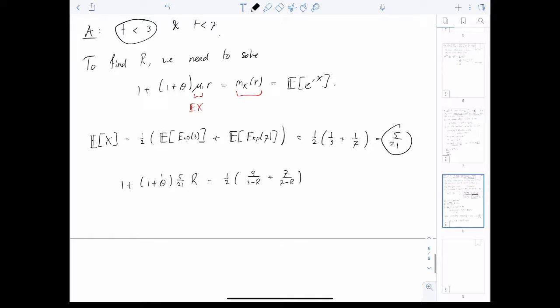Now theta was given to us to be 0.4, so this is actually 1 plus 0.4, so that's 7/5.